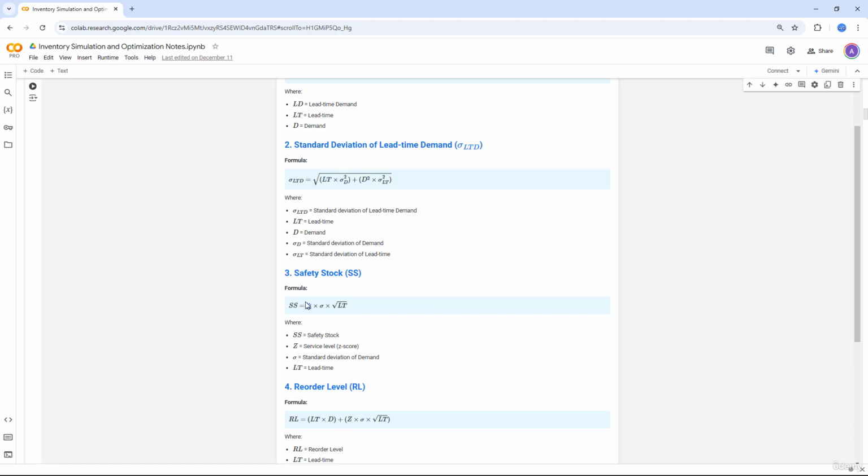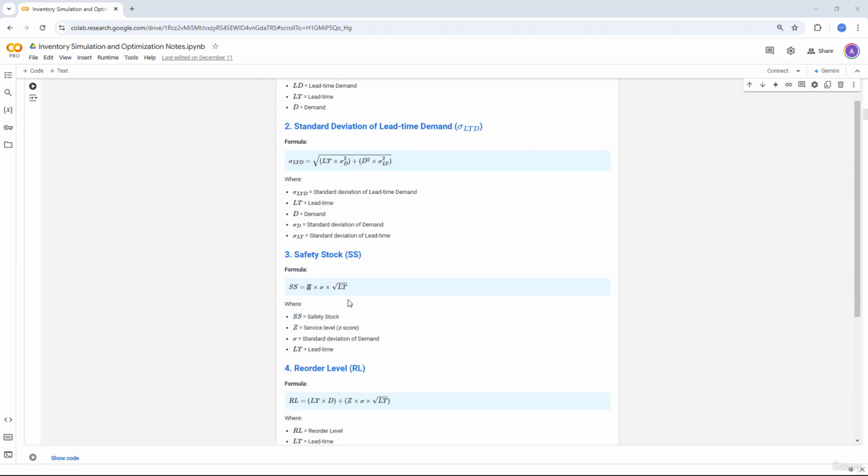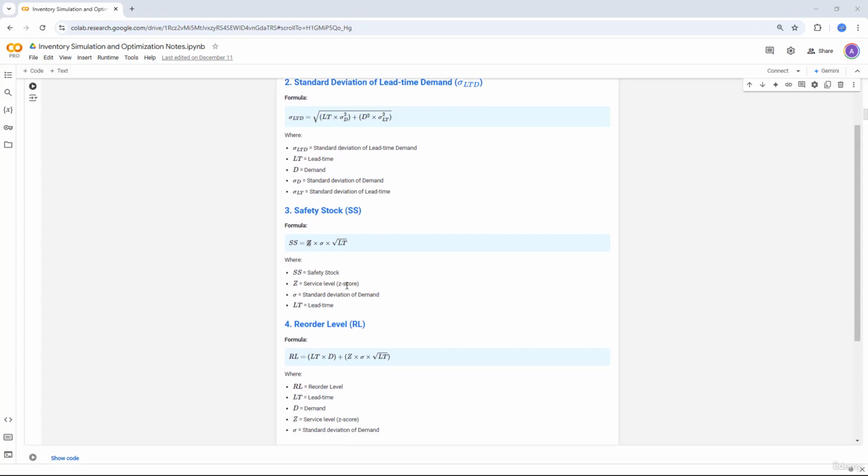This z value is just a constant based on the probability distribution of your service level, and is generally taken at about 1.65. So safety stock, as the name suggests, is simply the safety net you have against the variations in your lead time or your demand.